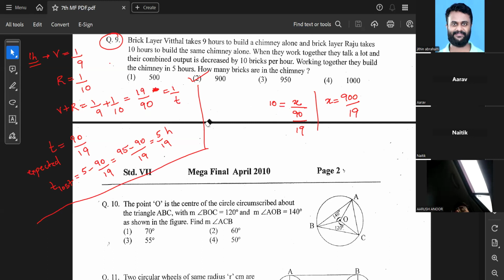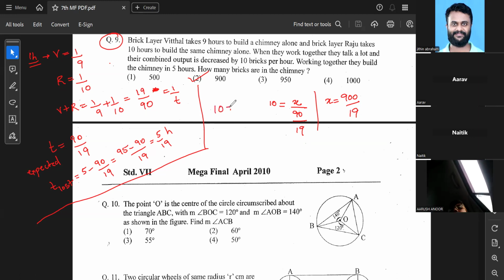Sorry. They completed the work in so and so time. So, they are saying the output decreased is 10 bricks per hour. This much of output is decreased. You're supposed to divide it by 5, right? 180, 19, where did this 19 disappear?